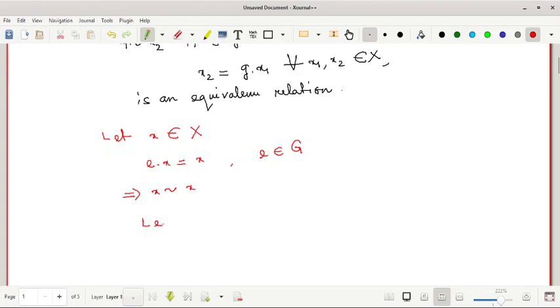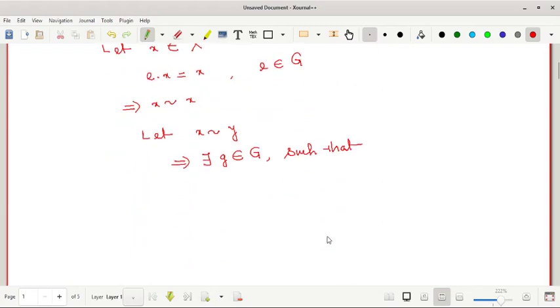Let us consider x and y to be two elements of capital X such that x is related to y. This implies there exists some element g in the group G such that y is equal to g dot x.